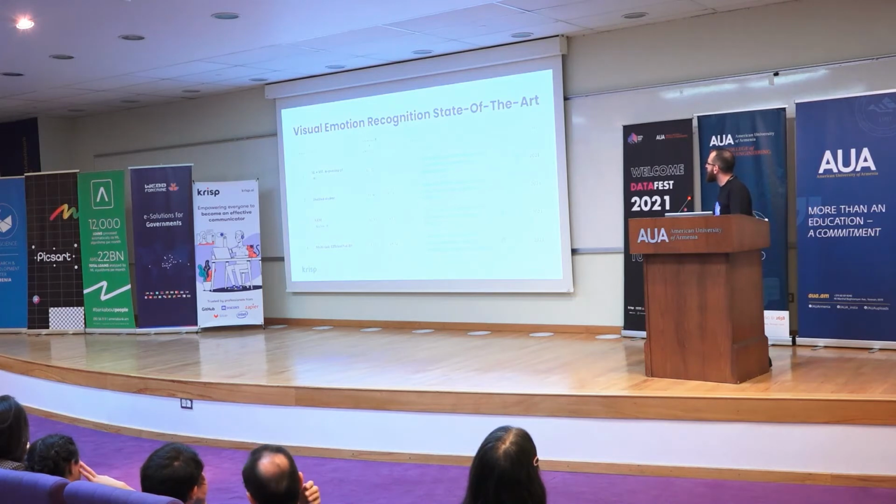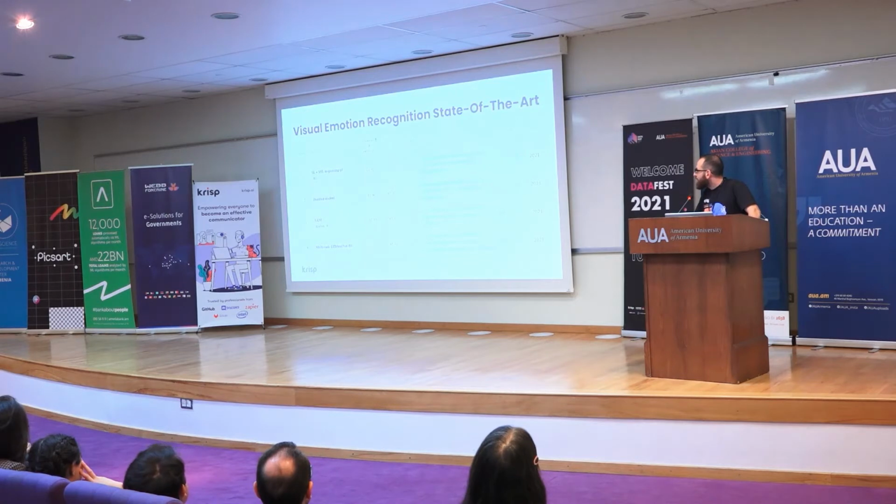You can see presented the state of the art in research for visual emotion recognition. This is actually a screenshot from the website Papers with Code, and those are the benchmarks on the AffectNet data set.